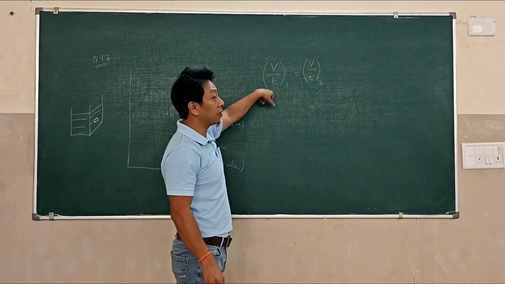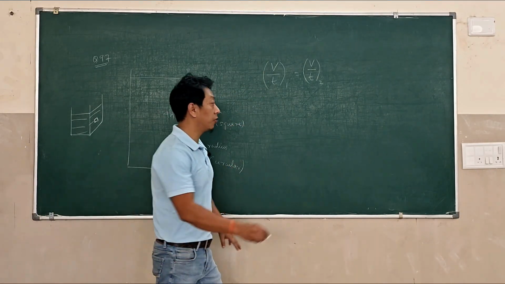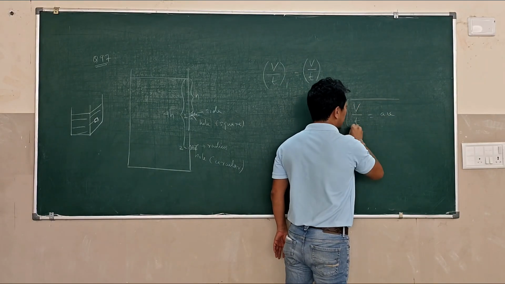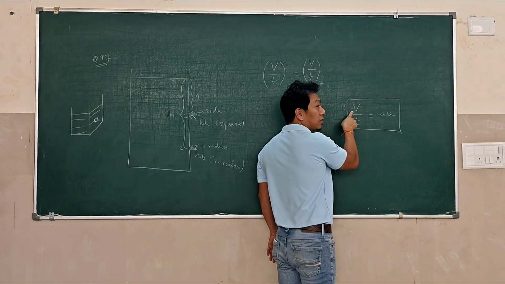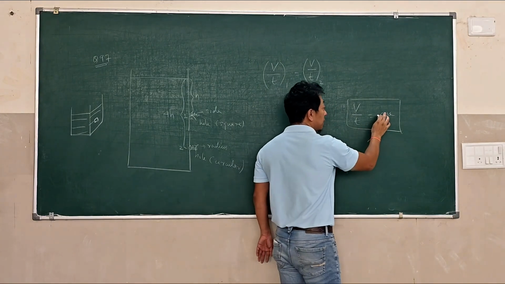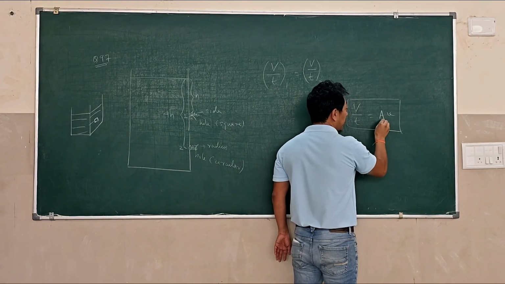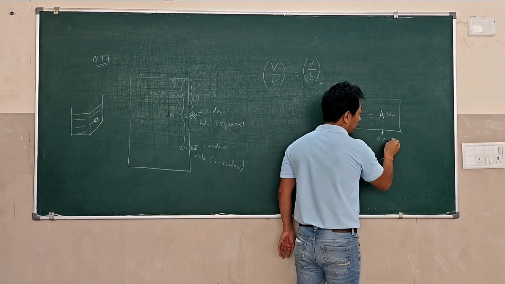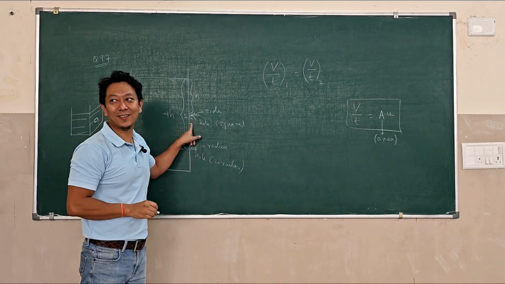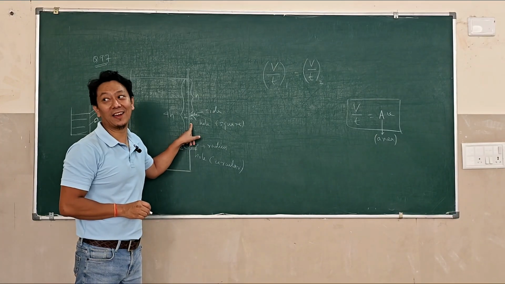Now if volume rate of flow is the same, what is the formula for V by t? Just now I told, area into velocity. This V is volume, this v is velocity. This A represents area. Let me write capital A, because small a here is not area. Here small a is the side.